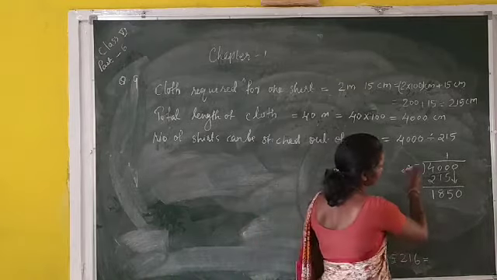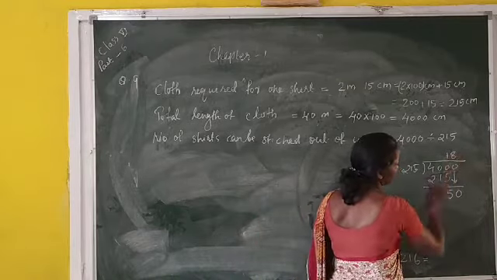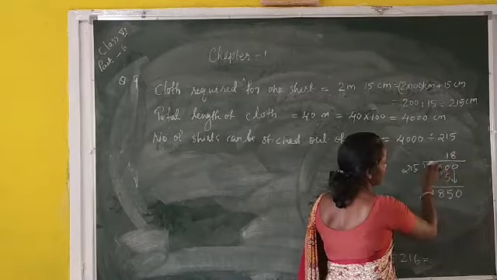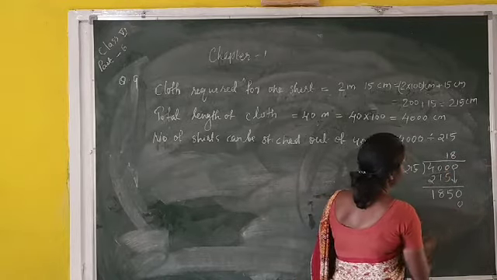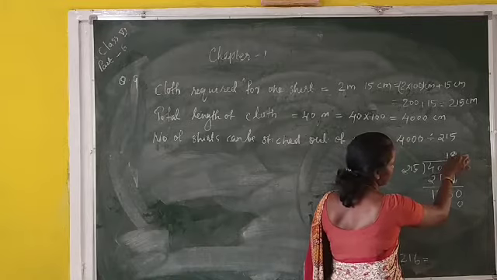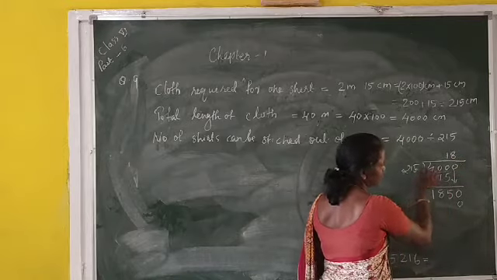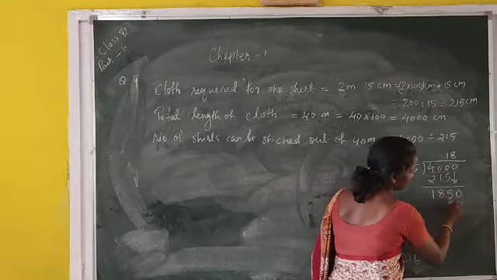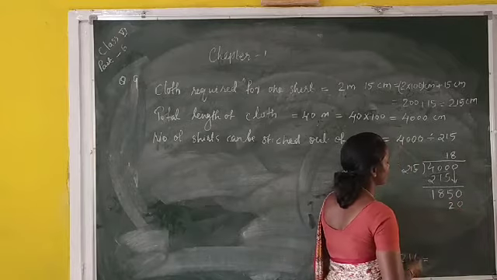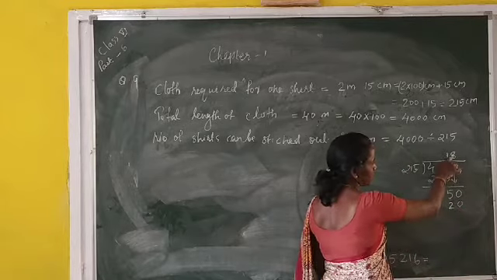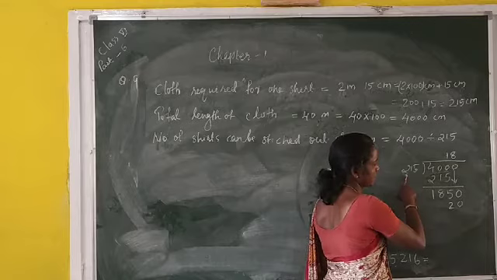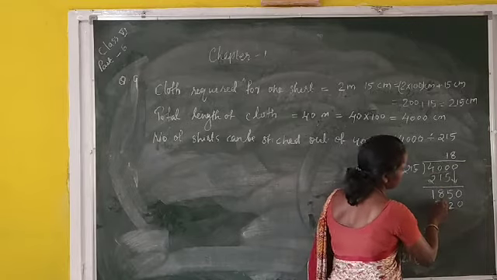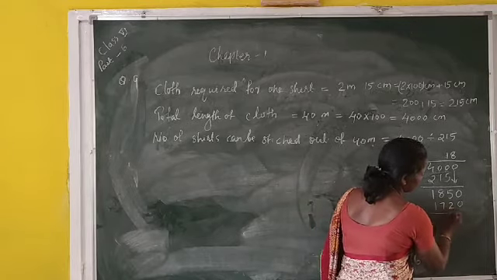About 8 times. Look, 8 5s are 40, carry 4. Then 8 1s are 8, 8 plus 4, 12, carry 1. 8 2s are 16 plus 1, 17.